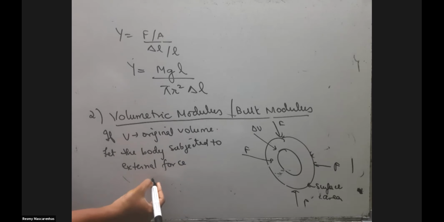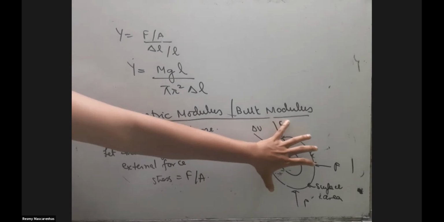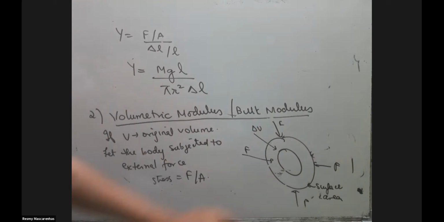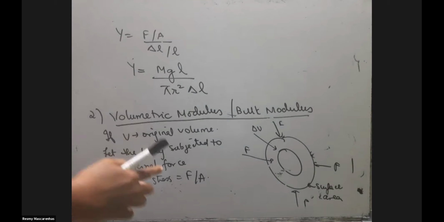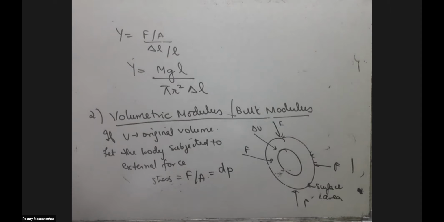So we know that stress will be nothing but force upon area. Now this force upon area is also the formula of pressure, okay? This will come under pressure because from all sides we are applying force. So there is basically a pressure which is applied on the body. Some express it in terms of pressure also.